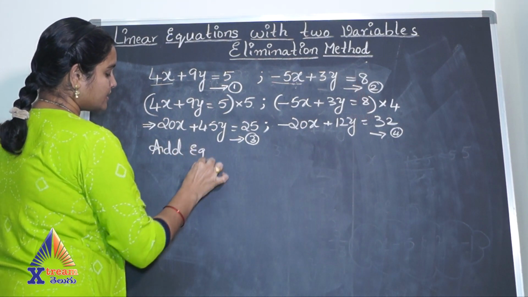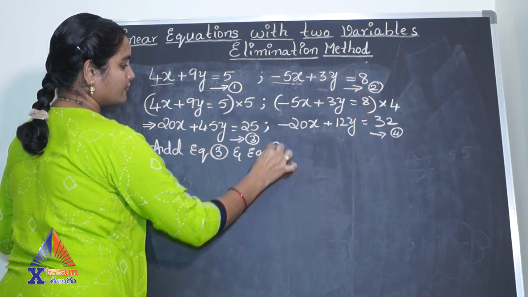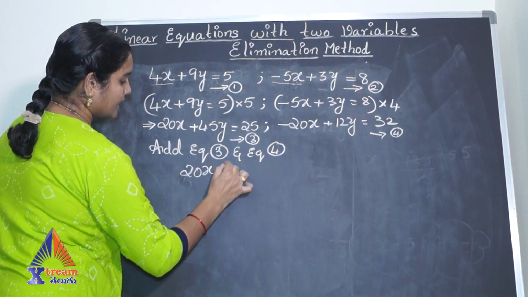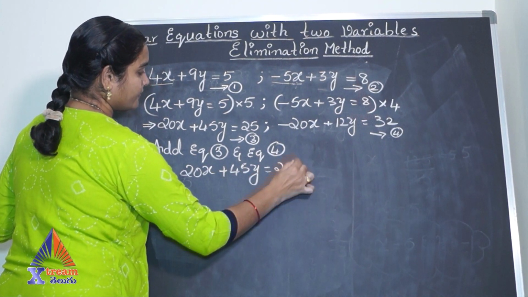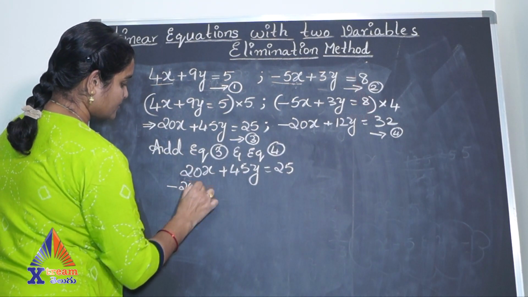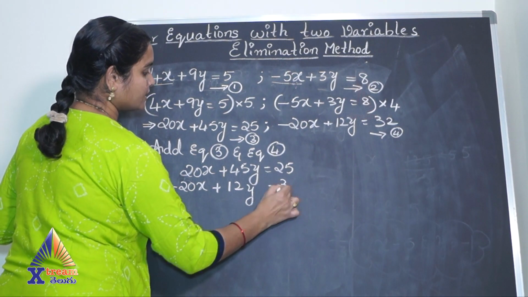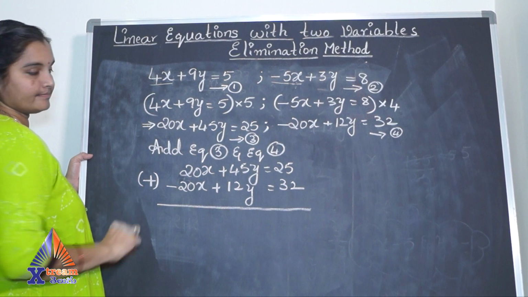Add equation 3 and equation 4. What do we get by adding? 20x plus 45y is equal to 25, and minus 20x plus 12y is equal to 32. These both we are adding.